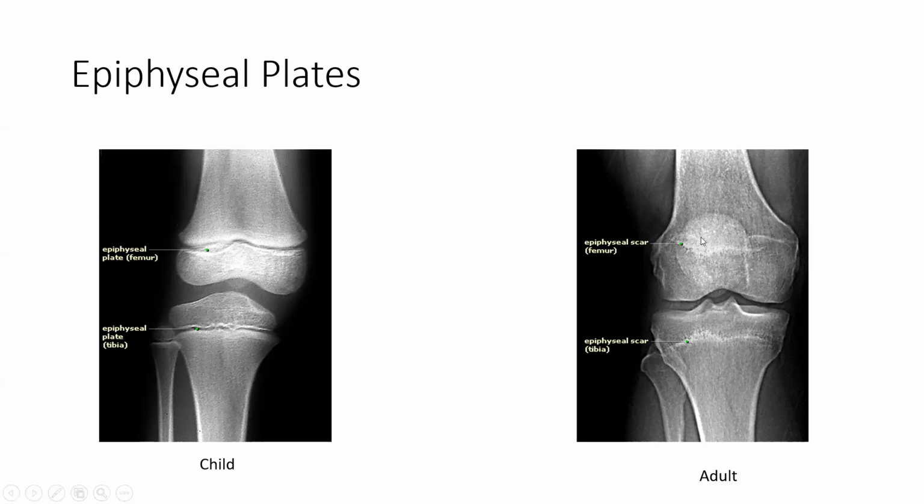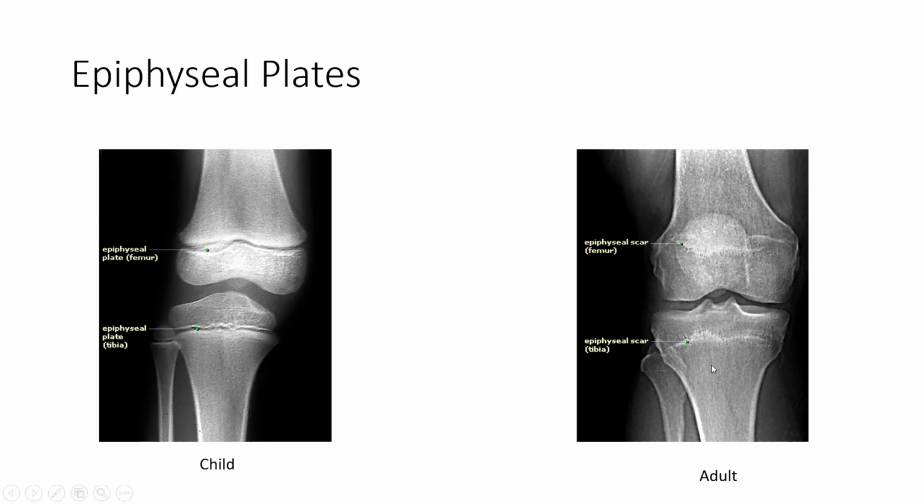We call this the epiphyseal line across here. When we have the dark band there, that's the epiphyseal plate, because there's still hyaline cartilage or soft tissue growing in there. Once that completely ossifies, becomes calcified as bone, all we have left is this white line. There is no more growth taking place. So all we get is this.